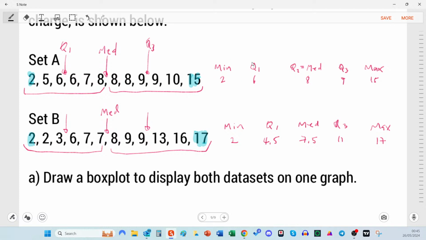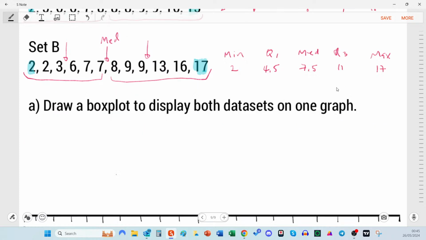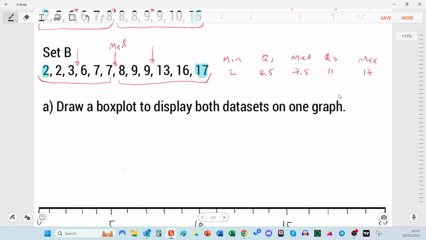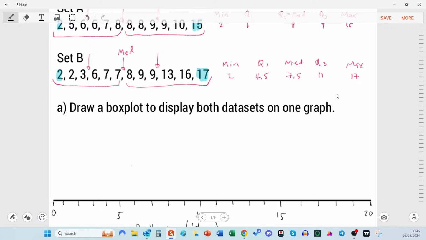So for each of these statistics, we want a vertical line in line with one of them. I think I'm going to have to zoom out, and we'll have to deal with it. We'll start with the bottom one to get it out of the way. The minimum is 2, and we'll circle it as we go along.